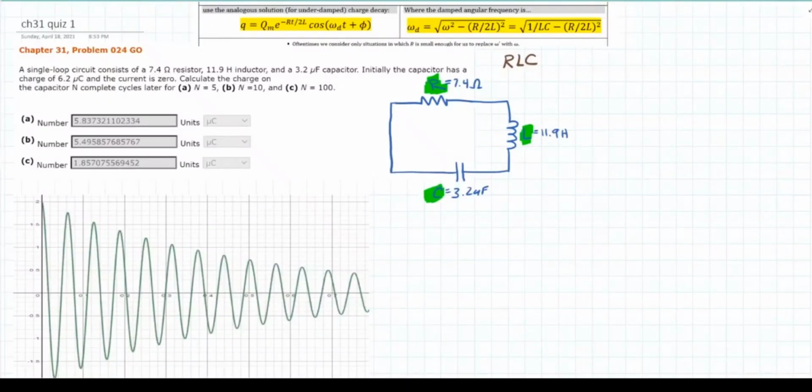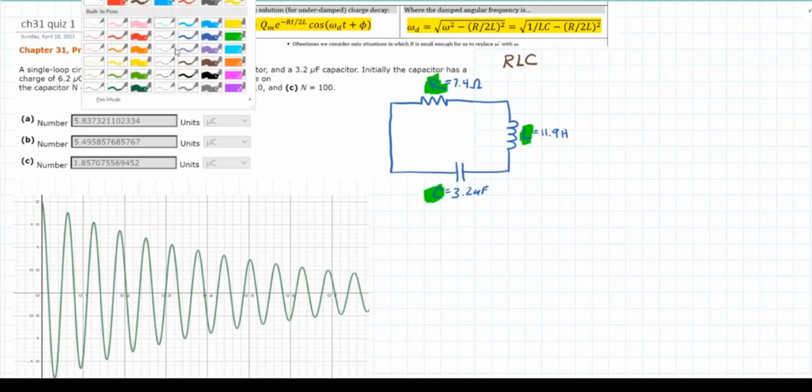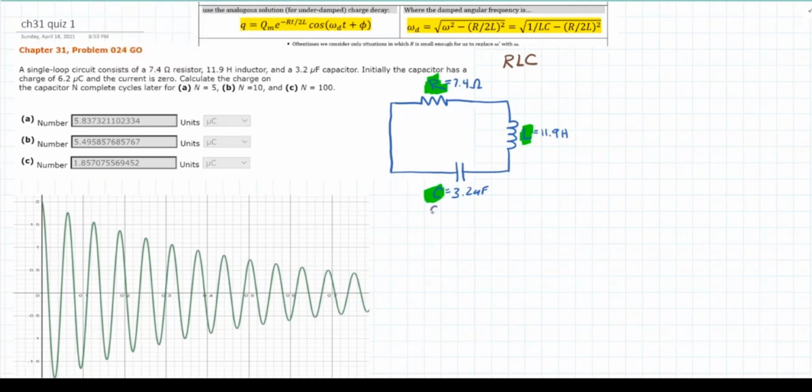We have an RLC circuit. And my capacitor had an initial charge of 6.2 microcoulombs. My capacitance has a value of 3.2 microfarads, and it had an initial charge of Q equals 6.2 microcoulombs.